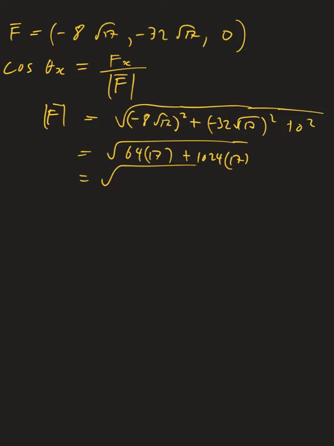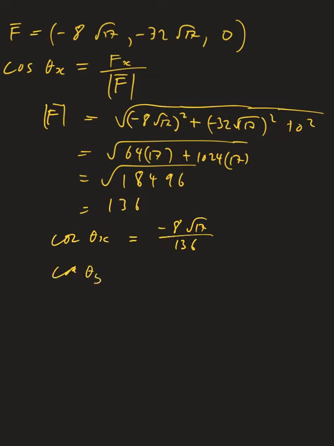That is equal to the square root of 18,496, which as it turns out is just equal to 136. So my directional cosines are, in the x direction, equal to the x component divided by 136. In the y direction, it's equal to the y component, or minus 32 times root 17, divided by 136. And in the z direction, cosine of theta z is equal to 0.